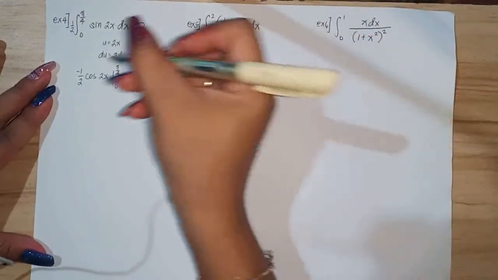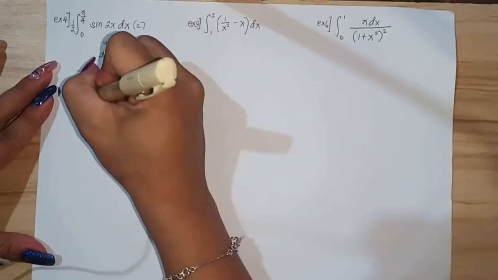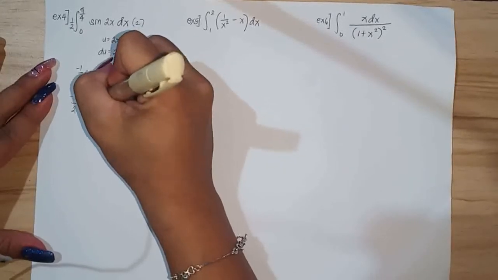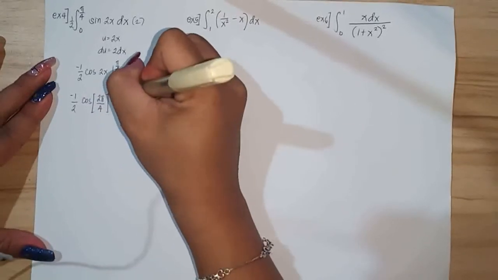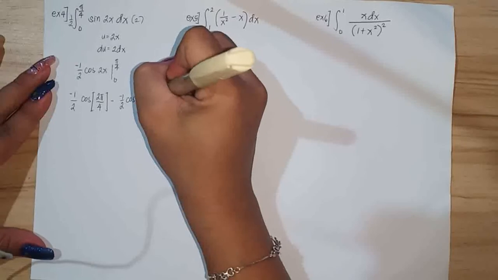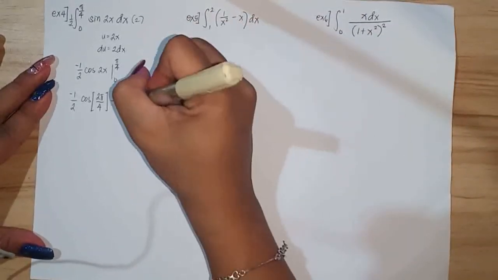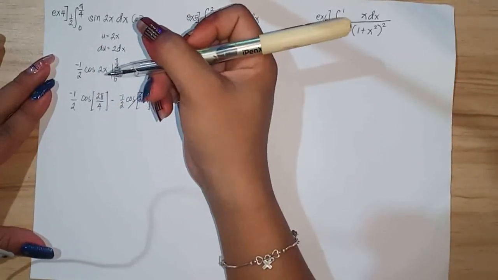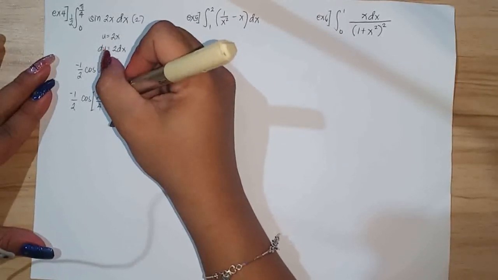Now evaluating the limits, you have to substitute. So you will have -1/2, then cosine of 2 pi over 4, minus of the negative 1/2, then cosine of 2 multiplied to 0. So cosine 0 is 1. Then 2 pi over 4 is simply pi over 2. Then pi over 2 is 90 degrees.